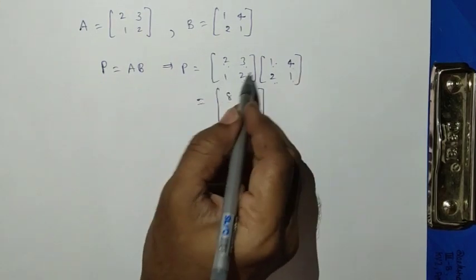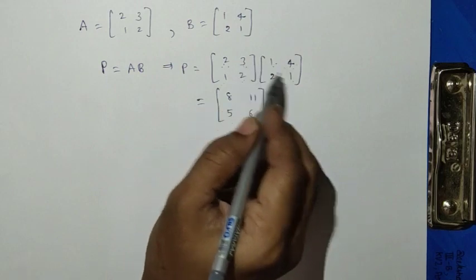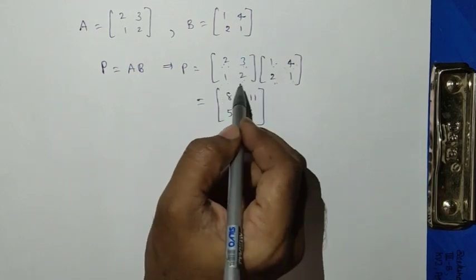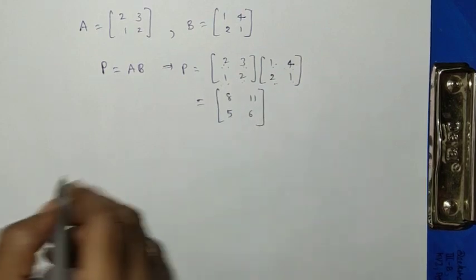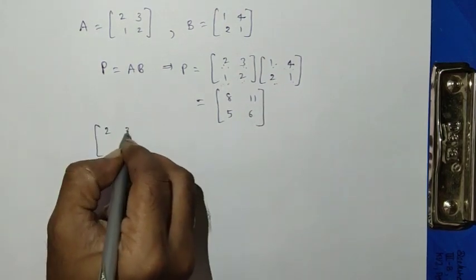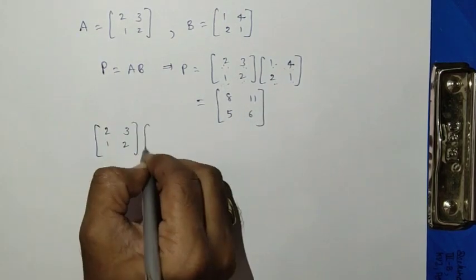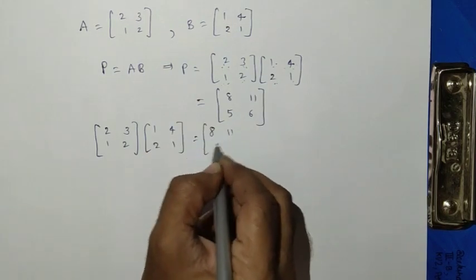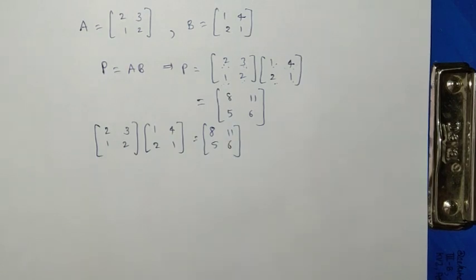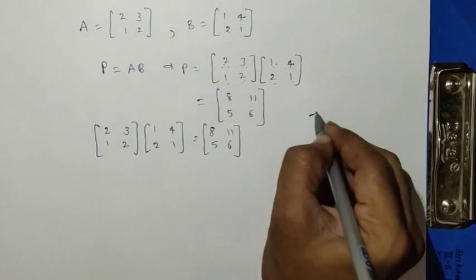Verify again: 8, 11, 5, 6. This is the product matrix. So when you multiply [2 3; 1 2] with [1 4; 2 1], you get the matrix [8 11; 5 6].